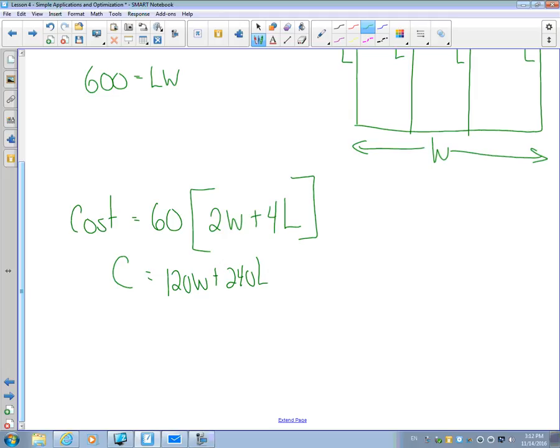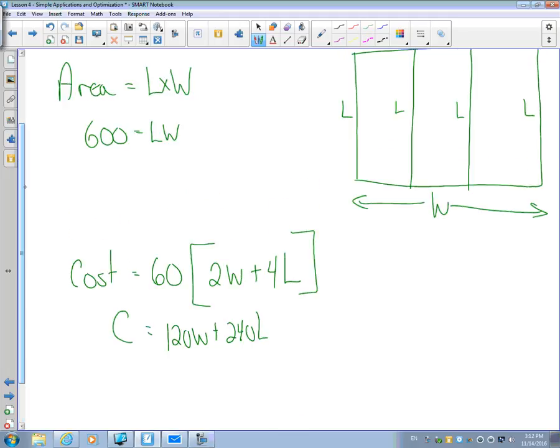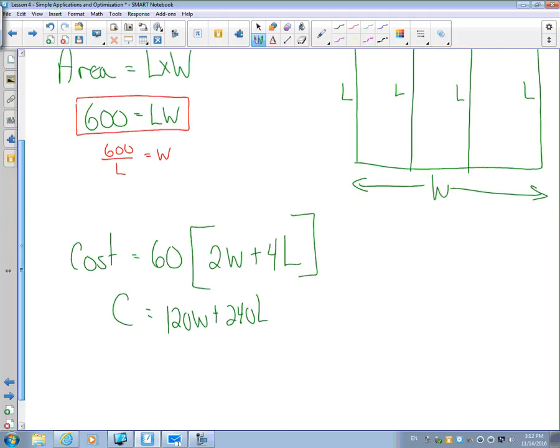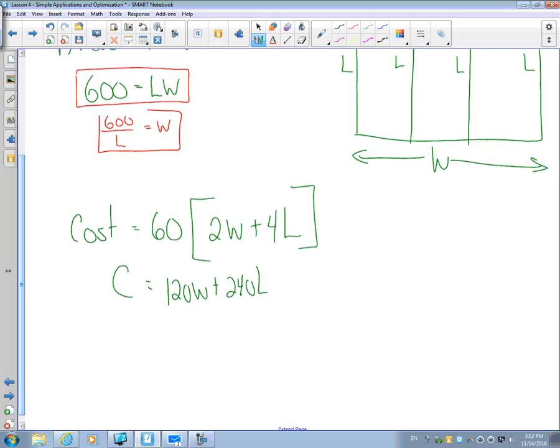So here's a nice trick we can use. I can go back to the first equation and rearrange it for one of the variables. For instance, 600 over L equals W. Why would I want to do that? Well, I can now use this equation and replace one of my variables.